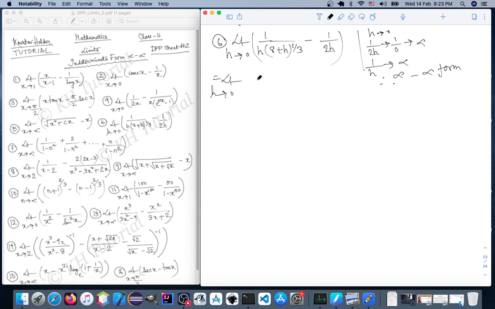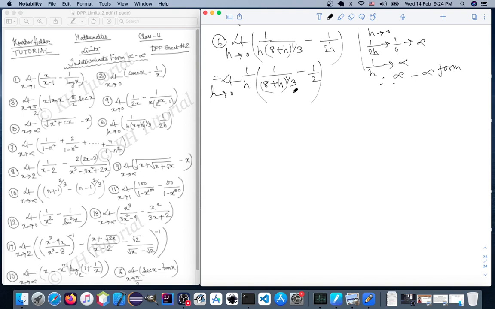Let's take the h common, and we get 1 by h, and over here we get half. 2 is 8 to the power 1 by 3.